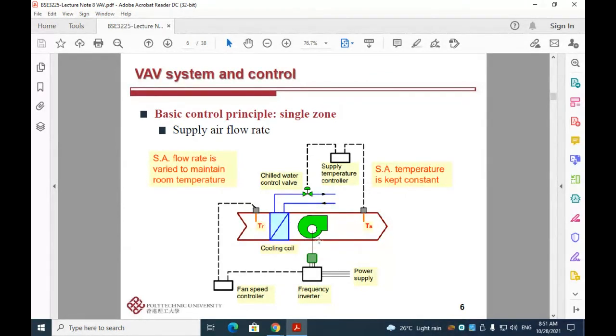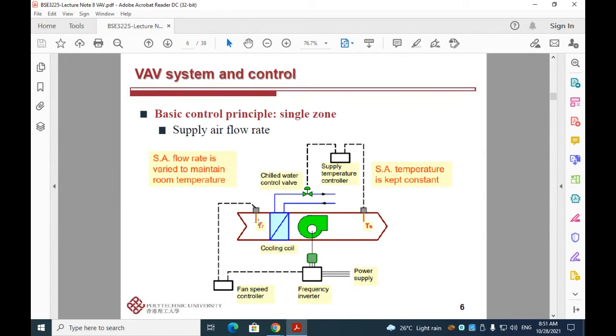So for example, when the fan is working at a speed and the supply air flow rate is 2 cubic meter per second, and our design supply air temperature is 14 degrees, the chilled water temperature is maintained at a certain temperature and at a certain flow rate.